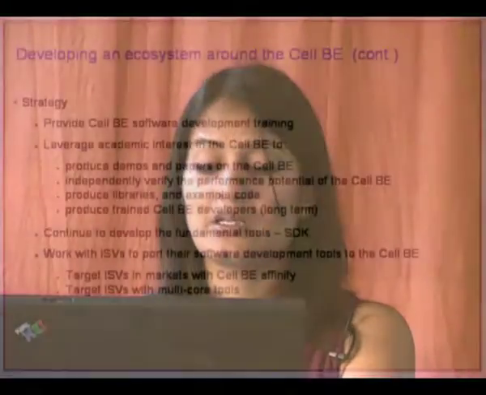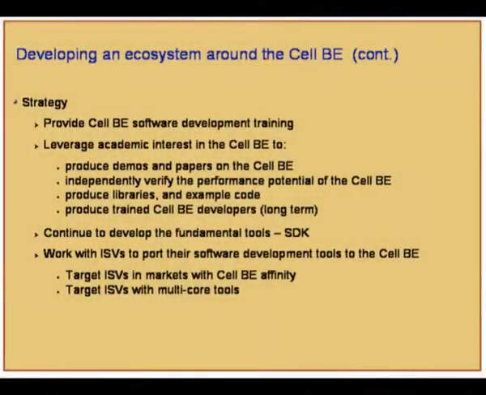So what is the strategy? Provide development training. We did our part, step one, and leverage the academic interest. If there is any interest from the academic community, produce demos and papers. That is the key to all technologies. Have as many papers as possible, right? Verify the performance potential of cell BE. In other words, if there is an application which you think is a good fit, verify that, or yes it is, and then see if we can get the results out.